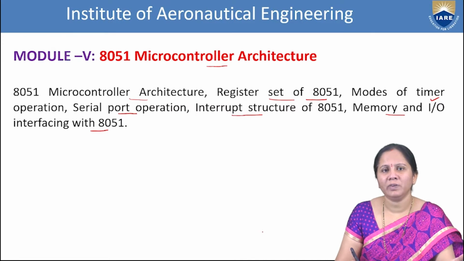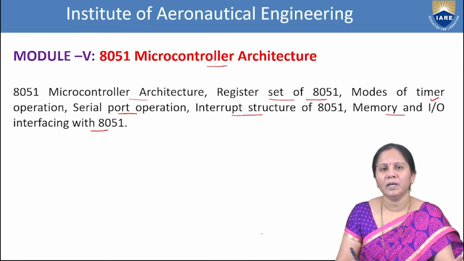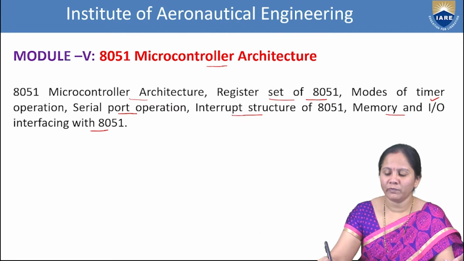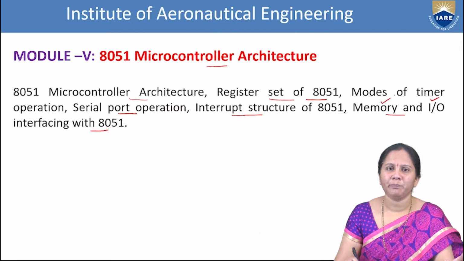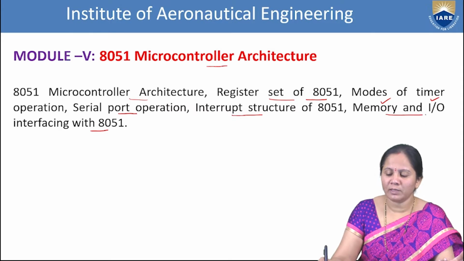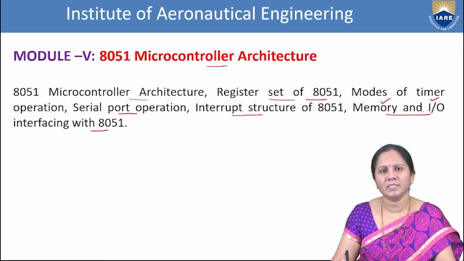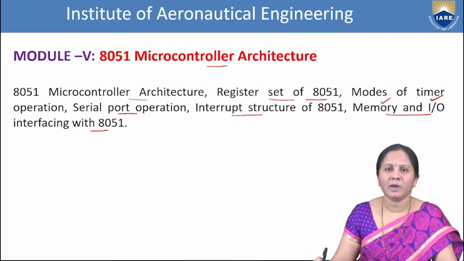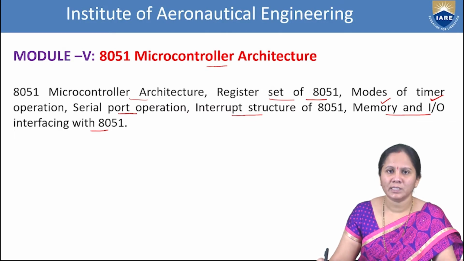The main advantage of the 8051 is that it has internal ROM and RAM, but if that amount is not enough, it is also possible to interface memory to it. So we will learn how to interface memory like ROM and RAM, and different I/O devices like stepper motor, LCD, ADC, and DAC.